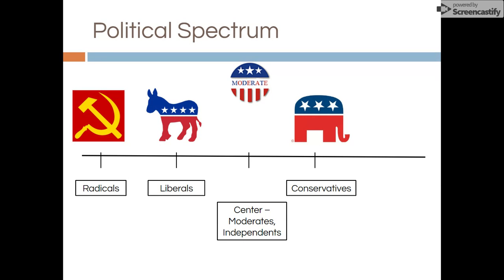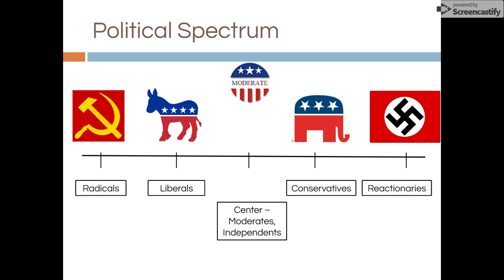That symbol is the hammer and sickle, which we tend to associate with the Communist Party. On the far right, we have reactionaries. Okay, and you can see we have the swastika, a common Nazi symbol. Nazis and socialists would be considered to be on the reactionary side of the spectrum.